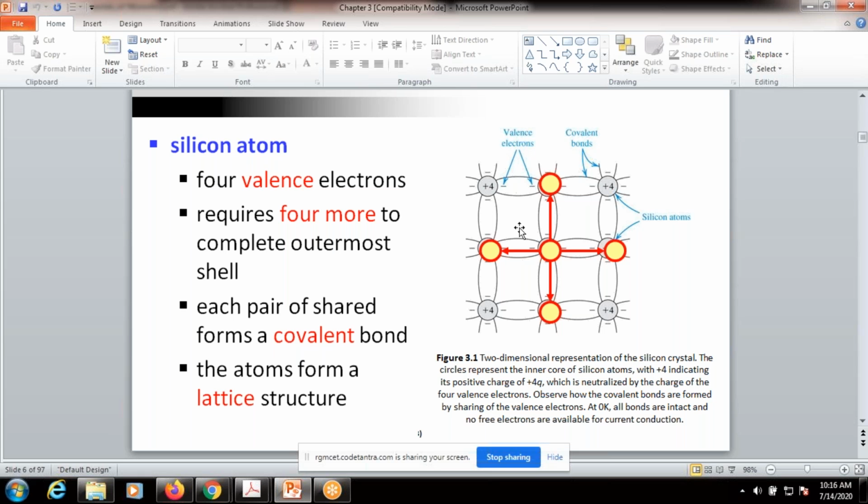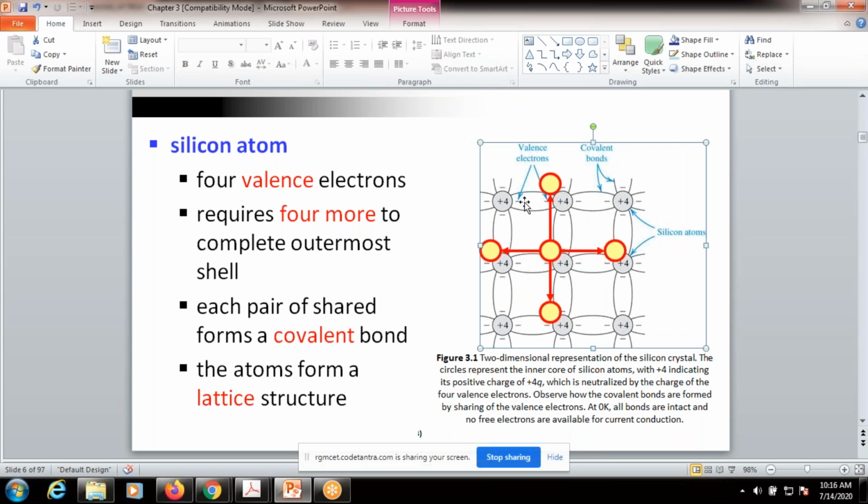A covalent bond is formed when this electron is combined with another atom's valence electron. Here one covalent bond, here one covalent bond. Like that, 4 valence electrons form 4 covalent bonds.